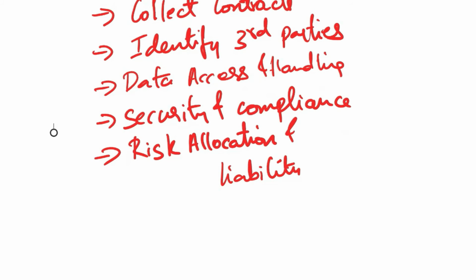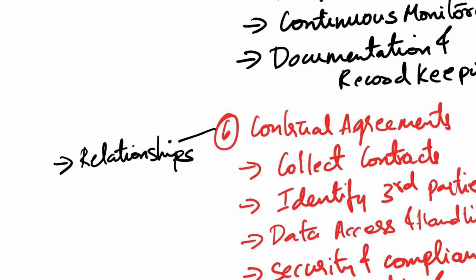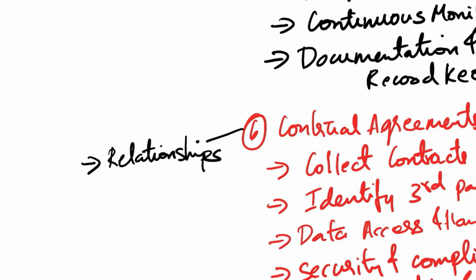Now let's look at the purpose of reviewing contracts and agreements. First one is identification of relationships. This step serves the purpose of identifying and confirming the external parties with which your organization has established contractual relationships.